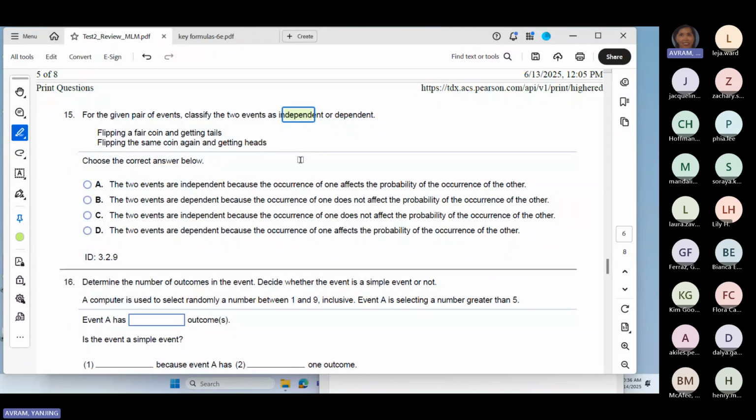But if the first time I get a tail, and the second time I get a tail or not doesn't really matter, it doesn't relate to the first flip, this will be independent if it's not related. So think of that carefully and then choose the correct answer. Let's type your answer, A, B, C, D, which one do you have?